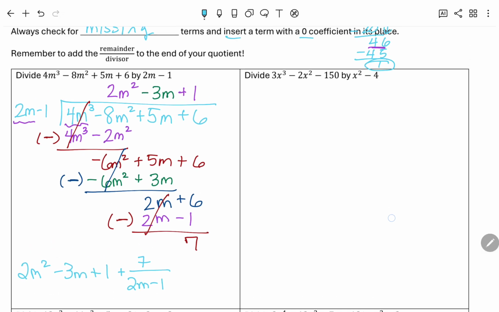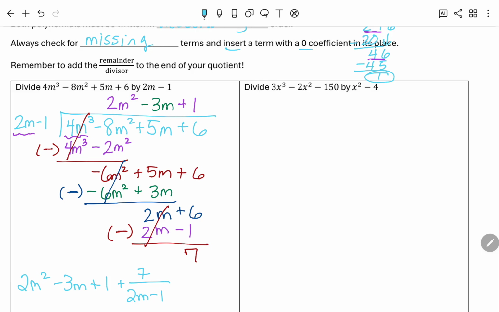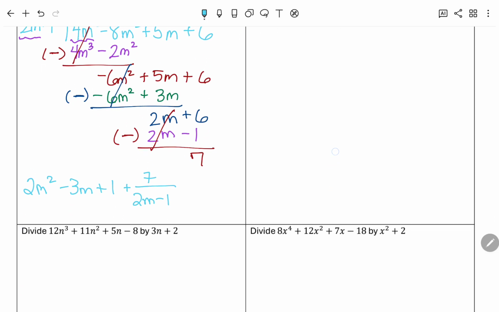I put at the top, remember, to add the remainder over divisor at the end of your quotient, because this 7 still has yet to be divided by 2m minus 1. So it is still going to have the divisor underneath it.